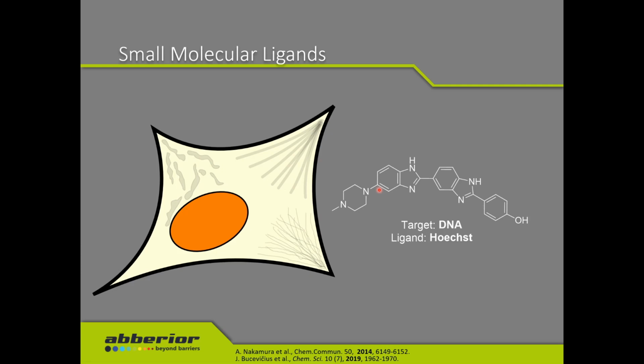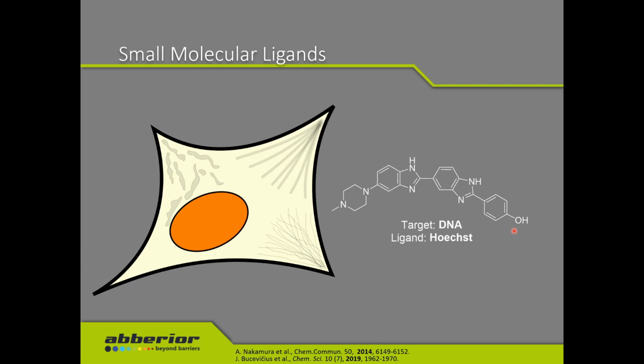But if we add via this phenyl group an organic fluorophore with redshifted absorption and emission spectra, then we can create a probe where Hoechst is just the DNA binding domain, so the ligand, and from the other side we have our redshifted organic dye, and therefore we can avoid light with higher energy, avoiding phototoxicity.